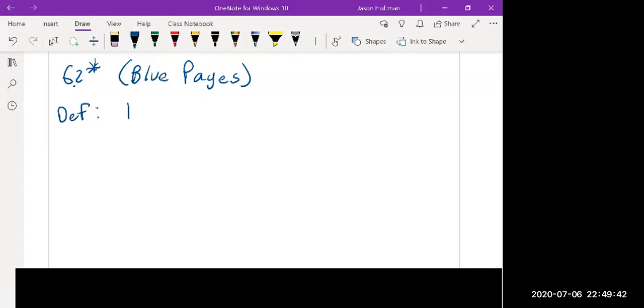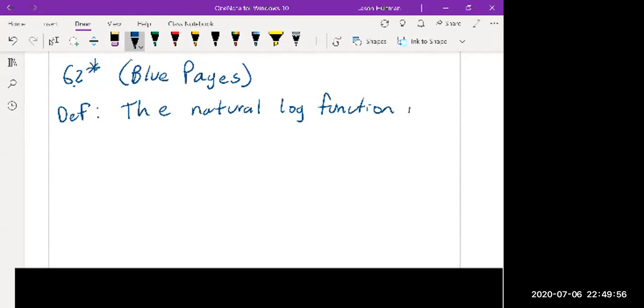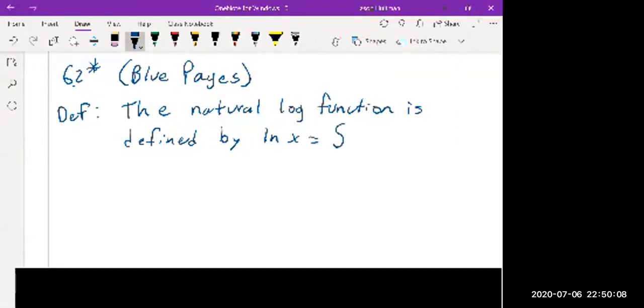Okay, the natural log function is defined by natural log x equals the integral from 1 to x of 1 over t dt, for positive x.